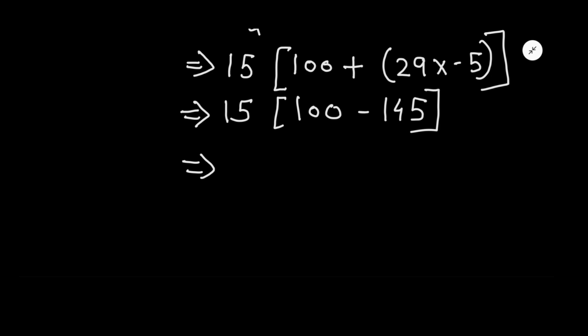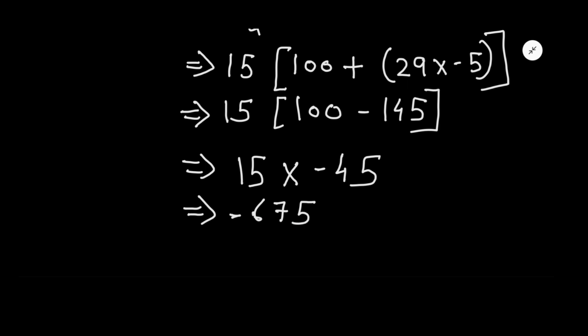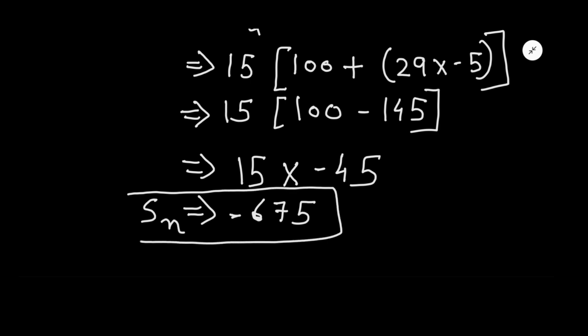So 100 minus 145 is equal to minus 45. So 15 into minus 45 is equal to minus 675. So our final answer is minus 675. The sum of the n terms of the given arithmetic progression is minus 675.